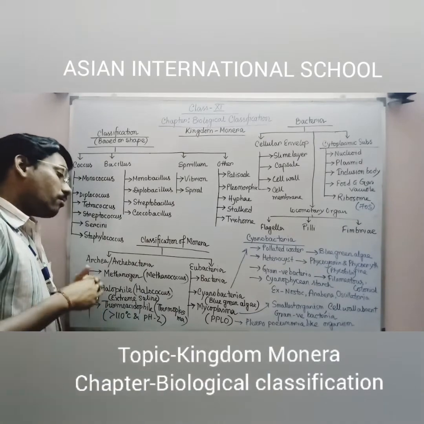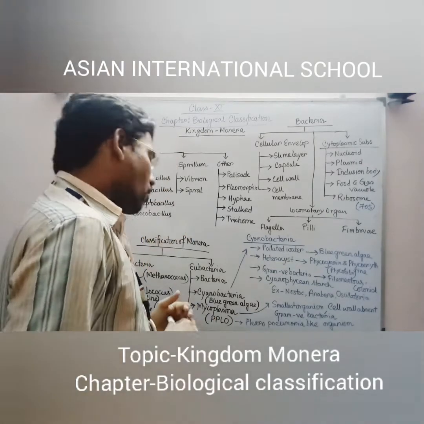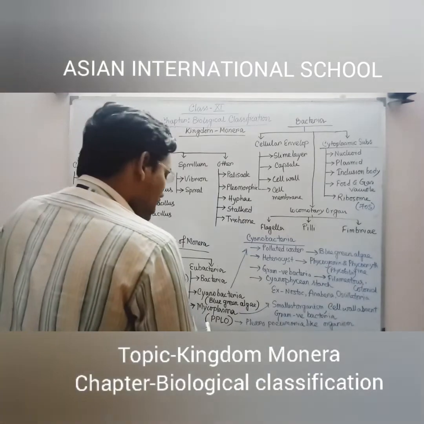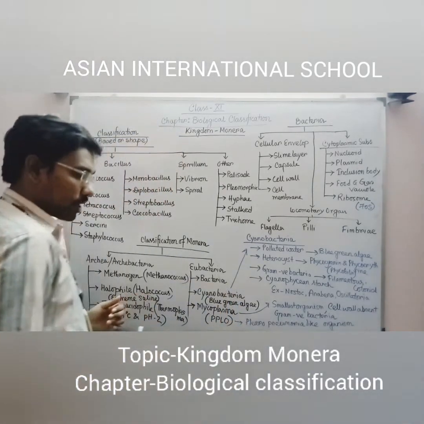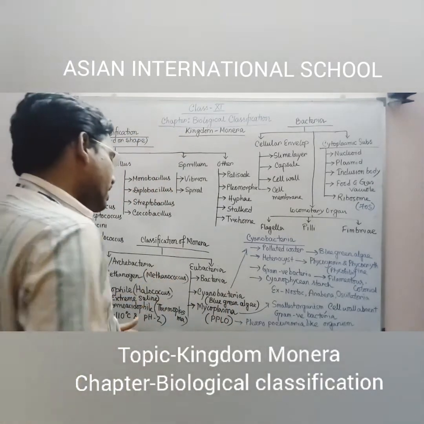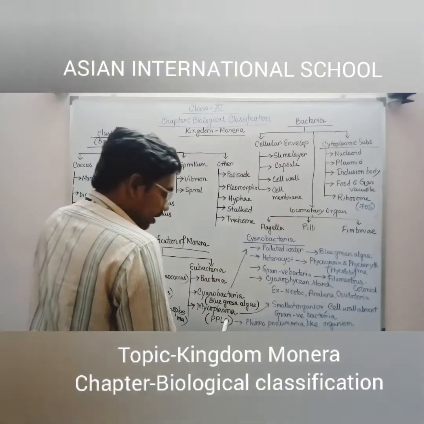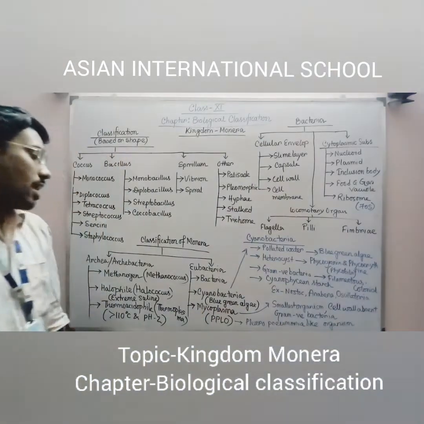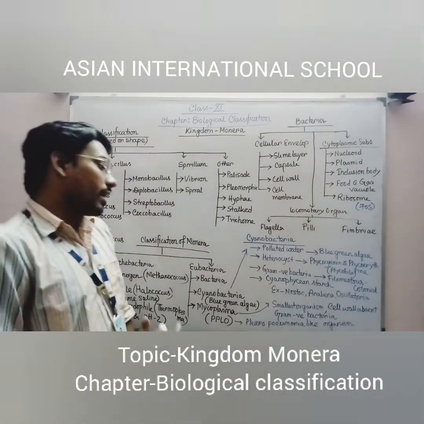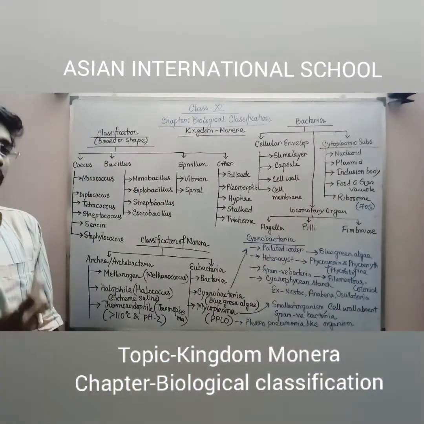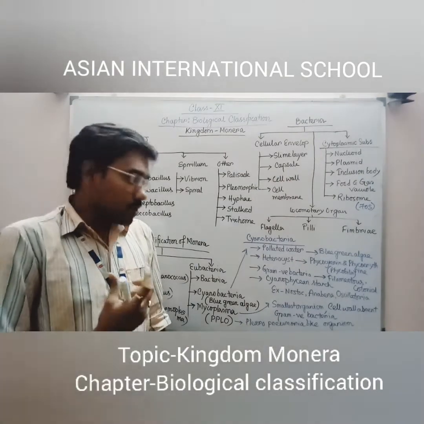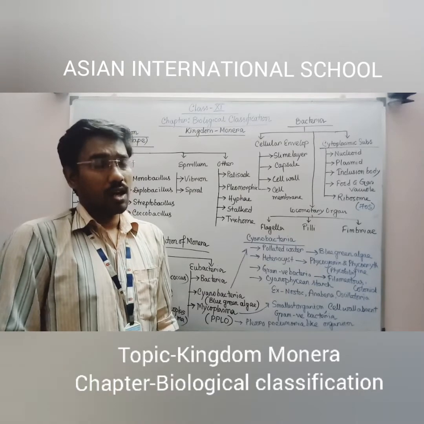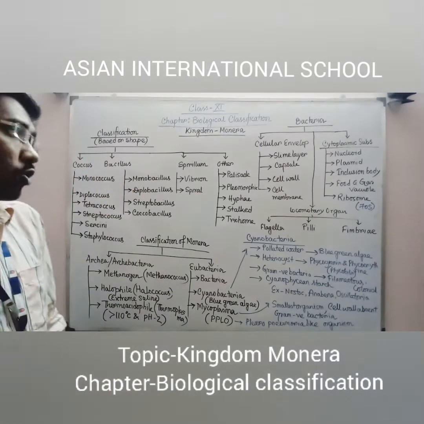Another very important point to remember is that mycoplasma can also be called PPLO. What is PPLO? The full form is pleuropneumonia-like organism. These organisms look like pneumonia-causing bacteria, like Streptococcus pneumoniae or Diplococcus pneumoniae.